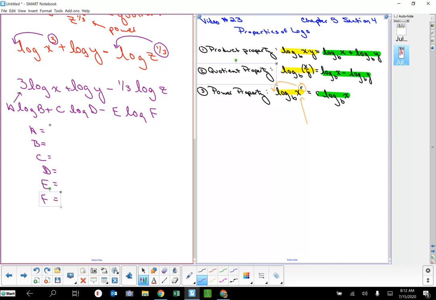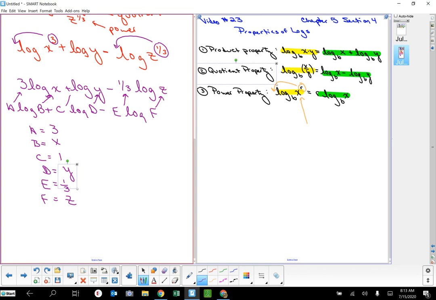Well, a is 3, b is x, c is, there is no value there, so put a 1 in, d is y, e is 1/3, and f is z. Okay? So that's how you're going to handle those guys if you see that kind of stuff going forward.